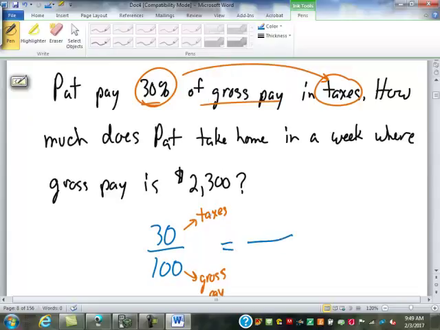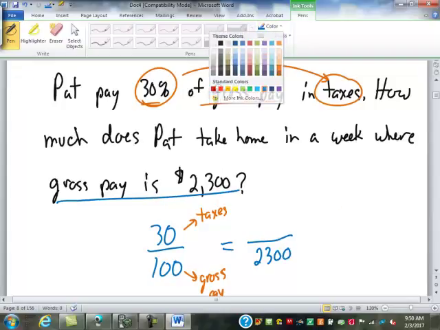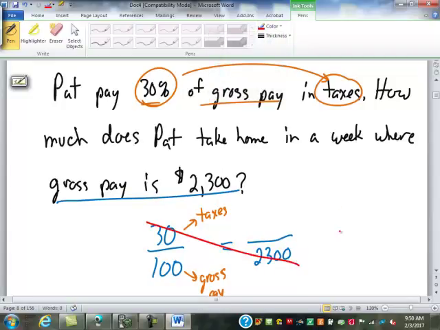So now, does the problem tell us either the taxes or the gross pay? It tells us the gross pay, so that's got to go down here. We cross multiply and divide. 30 times 2,300 divided by 100 is $690. Now, before we do anything more, we have to ask, is that what the question is asking for? Is it asking for the amount of Pat's taxes?